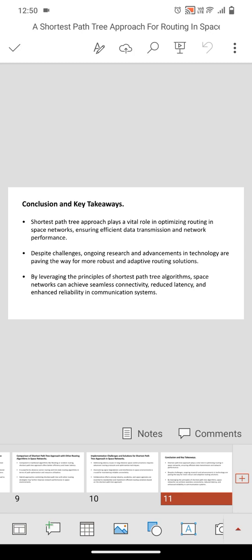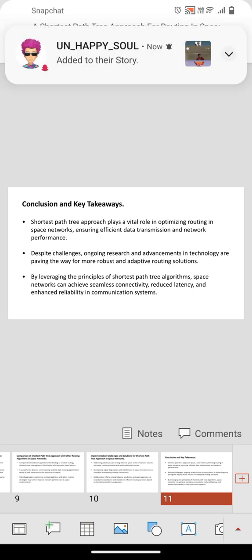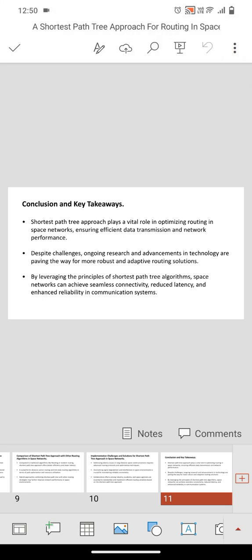Despite challenges, ongoing research and advancement in technology are paving the way for more robust and adaptive routing solutions. By leveraging the principles of shortest path tree algorithms, space networks can achieve seamless connectivity, reduce latency, and enhance their communication systems.